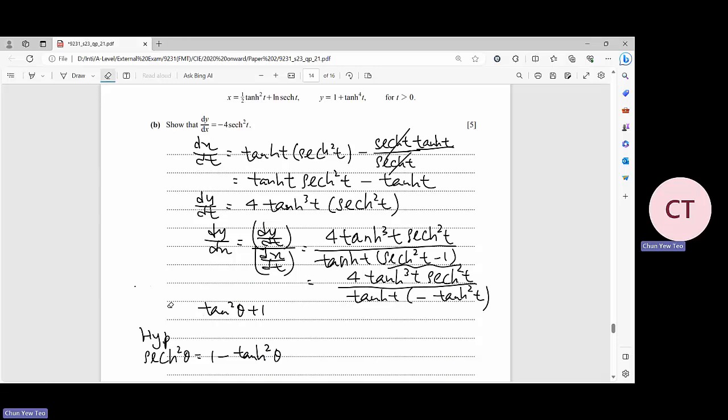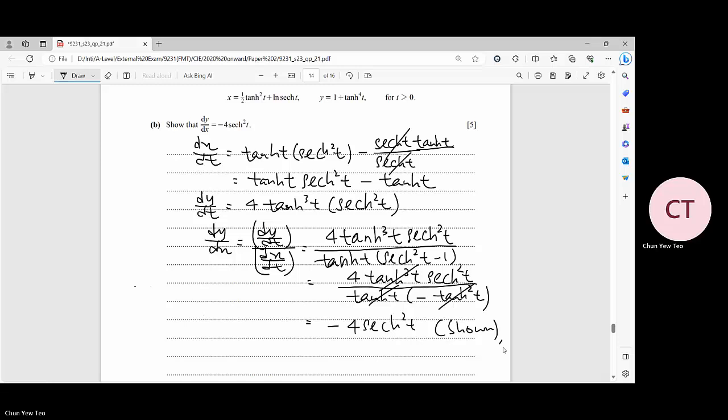You don't need to show this in the exam, just need to understand how to apply it. Just show from here to here, no need to explain anything. So there's a negative here, take note of that. Then the tanh cubed and tanh cubed can be cancelled. At the end, you get negative 4 sech squared t. Shown. Done for part B. So that is your dy/dx.